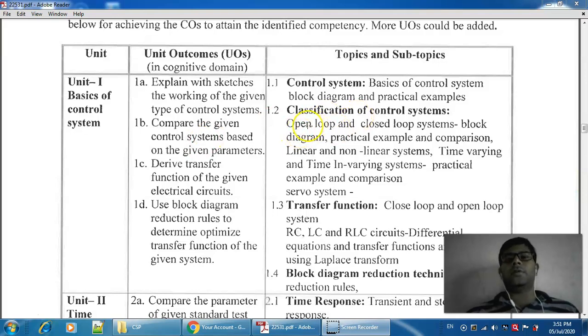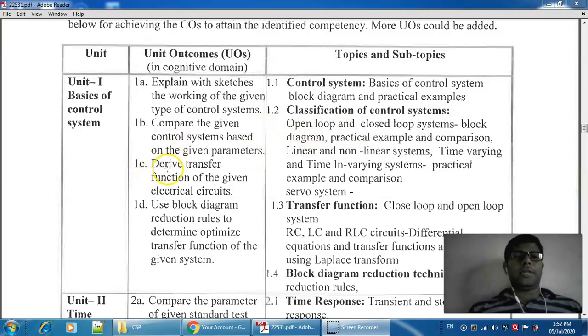There are types of control systems like open loop, closed loop, linear, and non-linear. Based on a parameter you should compare these control systems. For example, suppose feedback is a parameter, you should compare whether it is present in open loop and whether it is present in closed loop. You will learn in detail when you start the first chapter.